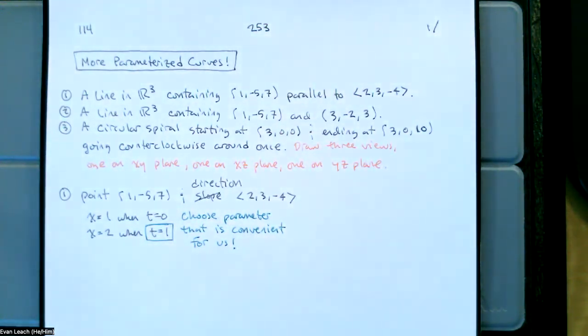It could be that we're in a scenario where I don't want to increase by 2 until 10 units of t have passed. So I'd have to make some adjustments. But this is going to be convenient for us.